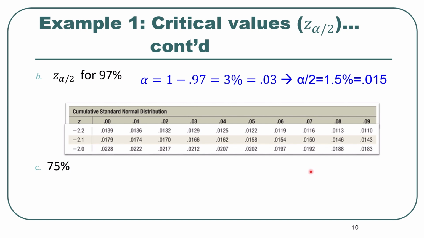And here is our golden value, the same value here. So my z is nothing but minus 2.17. And similarly, you can find that the Z alpha over 2 associated with the 75% confidence level is equal to that value.